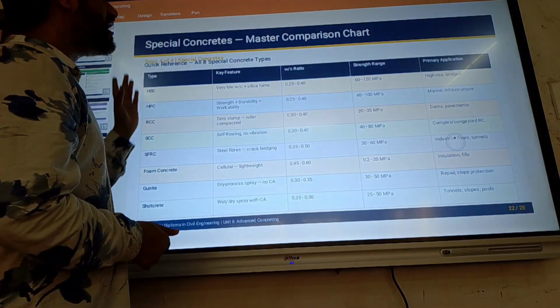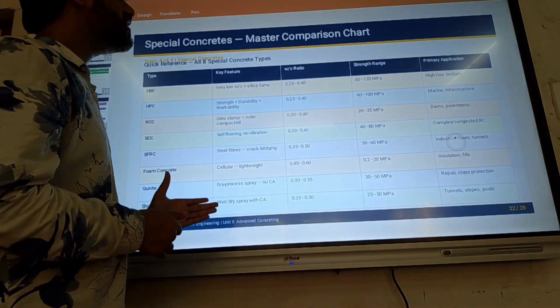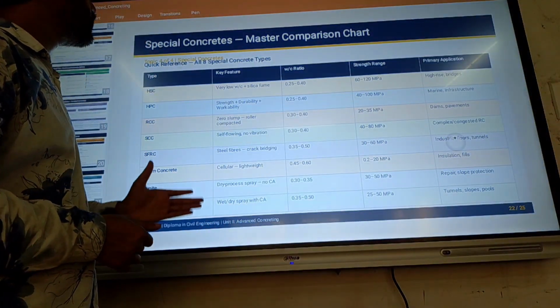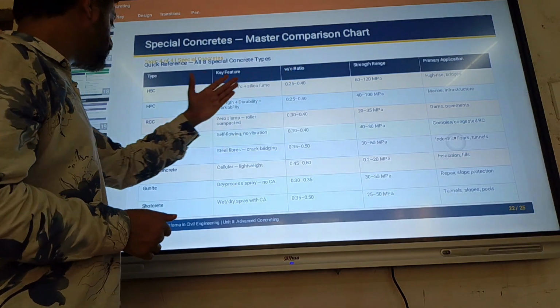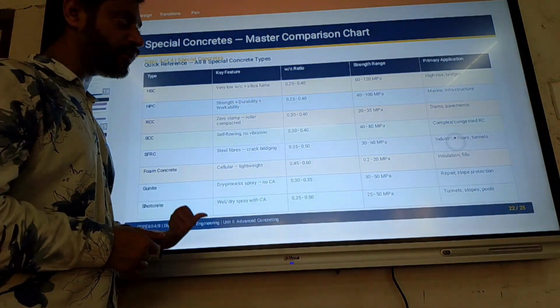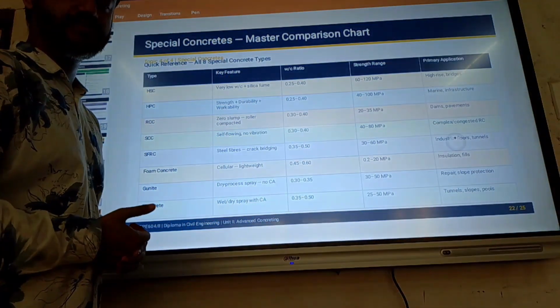So this is the master comparison chart, okay, of all the different types of special concrete. You can see the water cement ratio here. You can see the strength range of all the different types of concrete, and you can also see the primary application of these.